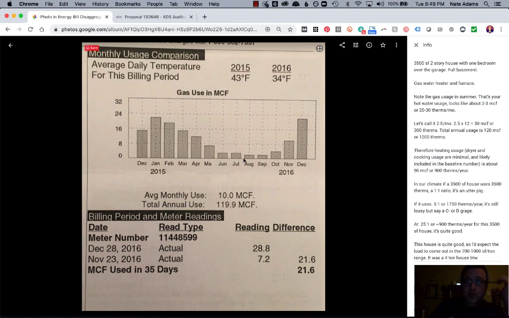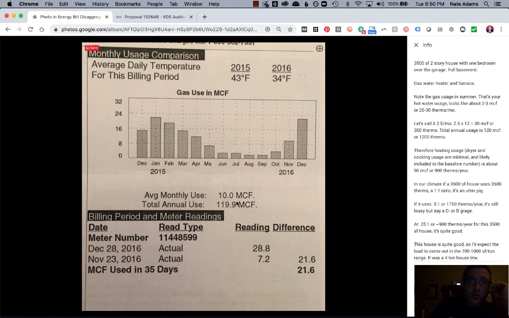So that's 300 therms a year of baseline usage. So if we take this, basically read it as 1,200 therms instead of 120 MCF. And if 300 of that is for water heating, we know that 900 is space heating. So now that's what you want to true to, is about 900 therms.